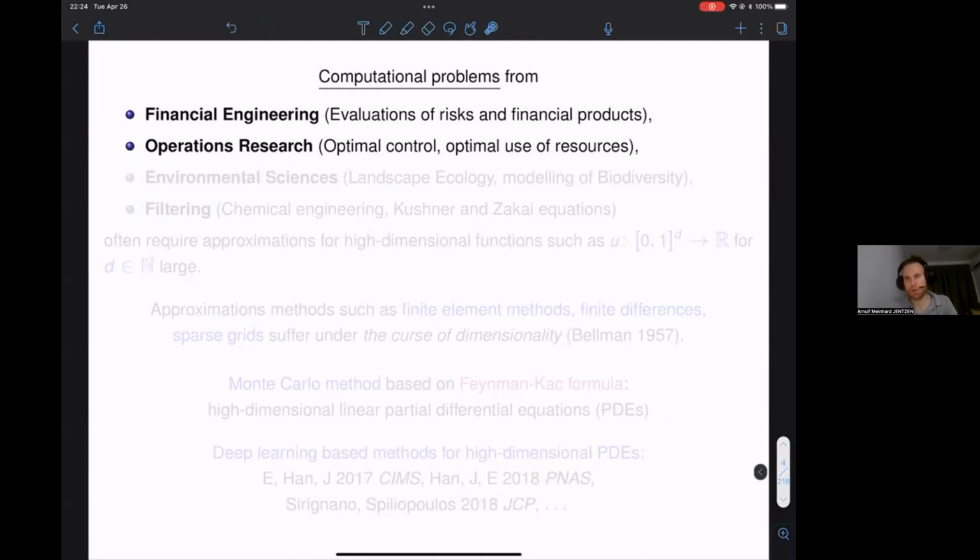Another situation where such high-dimensional approximation problems appear is in environmental sciences, where one tries to model biodiversity in an ecosystem, where each dimension corresponds to different properties, different traits of the considered species, of the considered individual in the model.